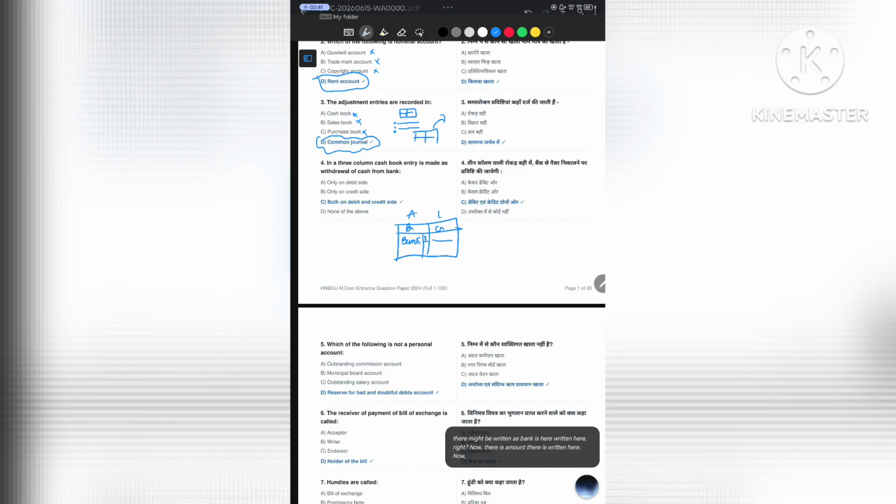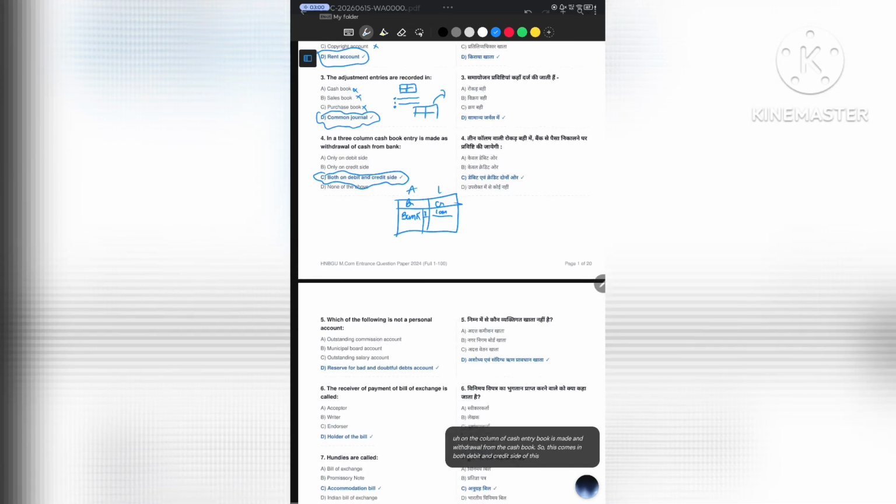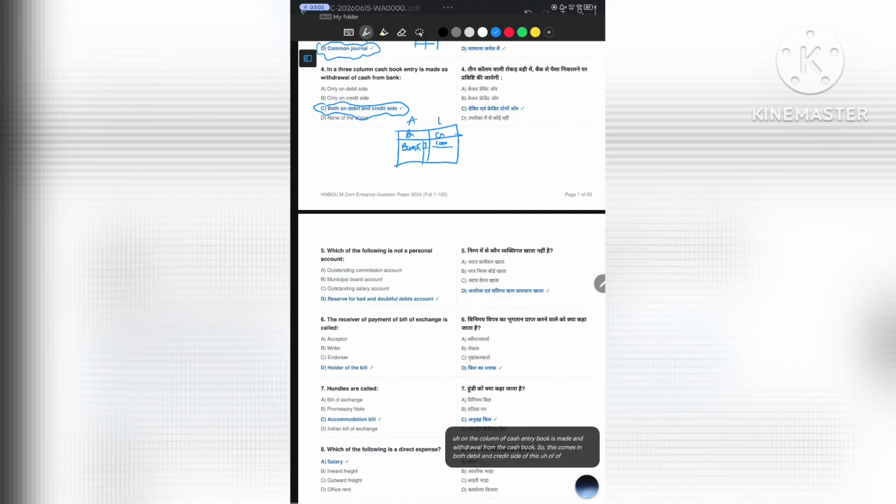Now there is somebody you have to pay, a loan, right? So the money you have in the bank would be going to the loan. So the entry is made in the cash book column and the withdrawal from the cash book. So this comes in both debit and credit side, right?